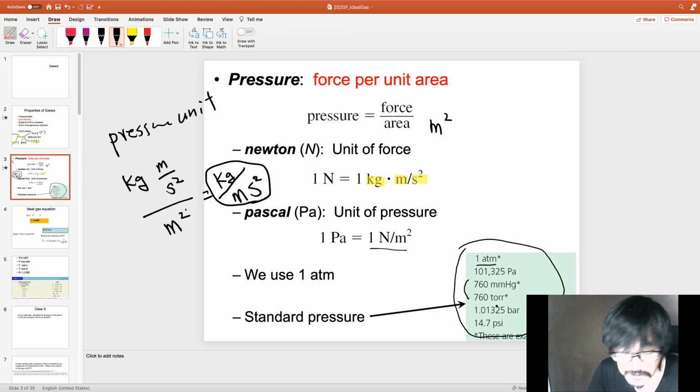I just happen to remember these things because I've been doing this for quite a long time. Also, 100 kilopascals is just about 1 atm, and 1 bar is close to 1 atm. Those are the things that I remember.